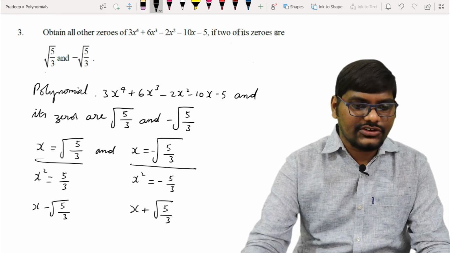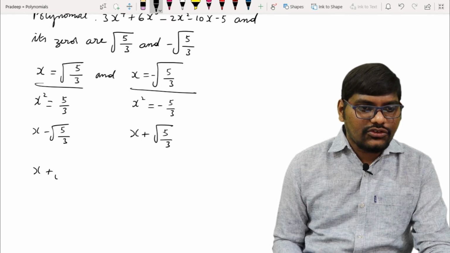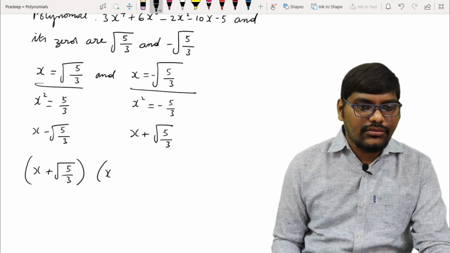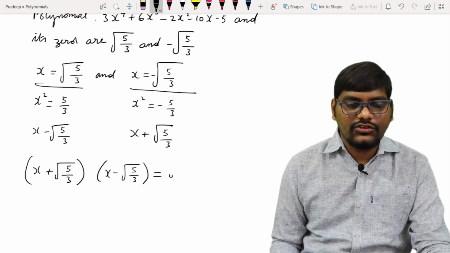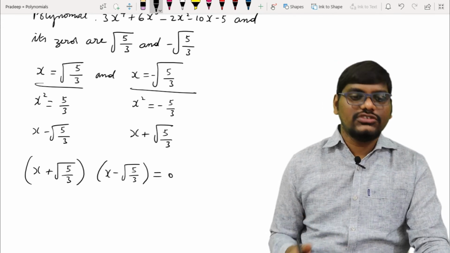So we'll merge it. I can write x plus root 5 by 3 as one, and x minus under root 5 by 3 as the second one, equal to 0. While finding roots, this is what we do, right?